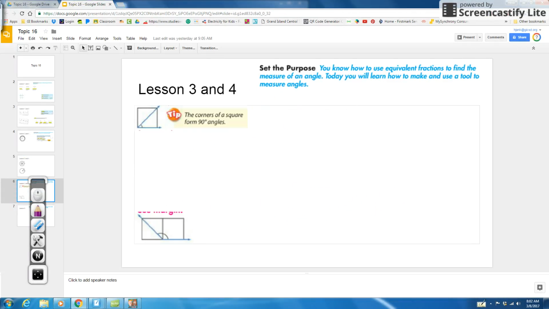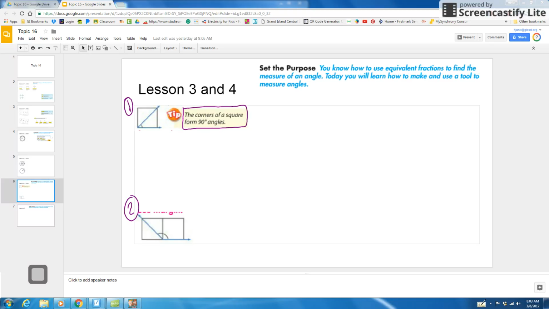Okay, this last one is looking at a square. Now, it's still using the knowledge of what we have already about angles. So we're going to look at square 1 here. This is square 2. Okay, we know that the corners of a square form 90-degree angles. So this right here, I'm going to trace in purple, is a 90-degree angle.